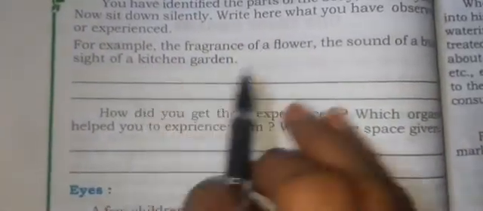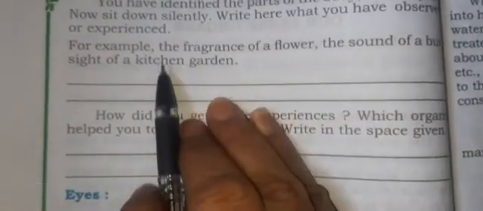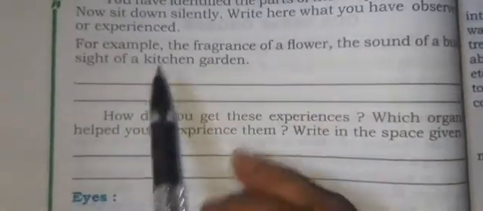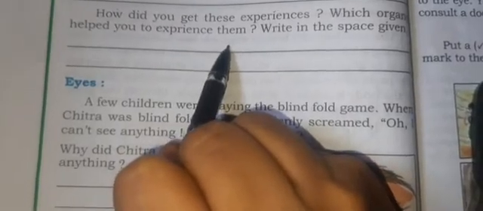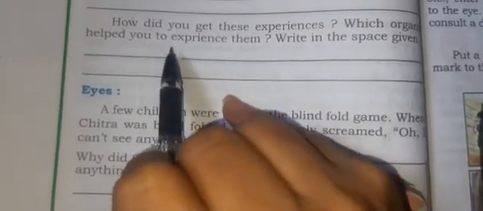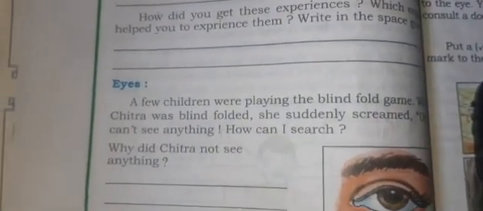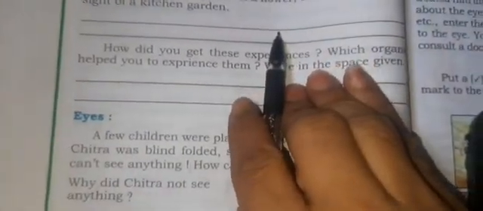So through which part of your body do you identify all such kinds of senses? How did you get these experiences? Which organ helped you to experience them? Write in the space. So you're going to write first the different types of things that you see, you feel in the given space, and through which organ you sense.